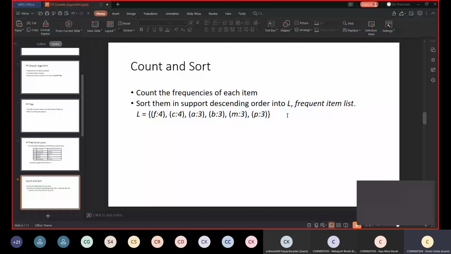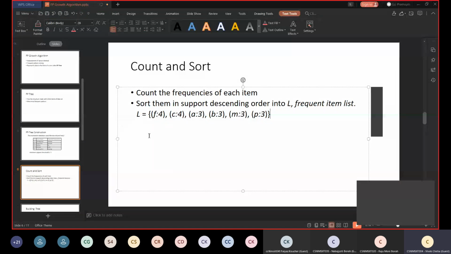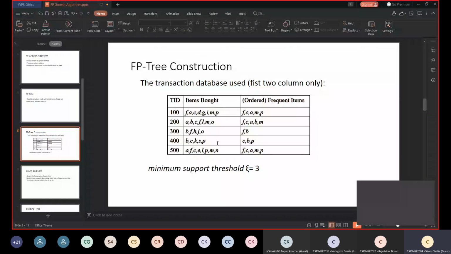Now, looking at the transaction table, you will see that some of the items are missing. Why are they missing? Because of the minimum support threshold. Minimum support threshold means the number of frequencies that we will support. Since the items that are missing do not meet a count of three or greater, we are excluding them.